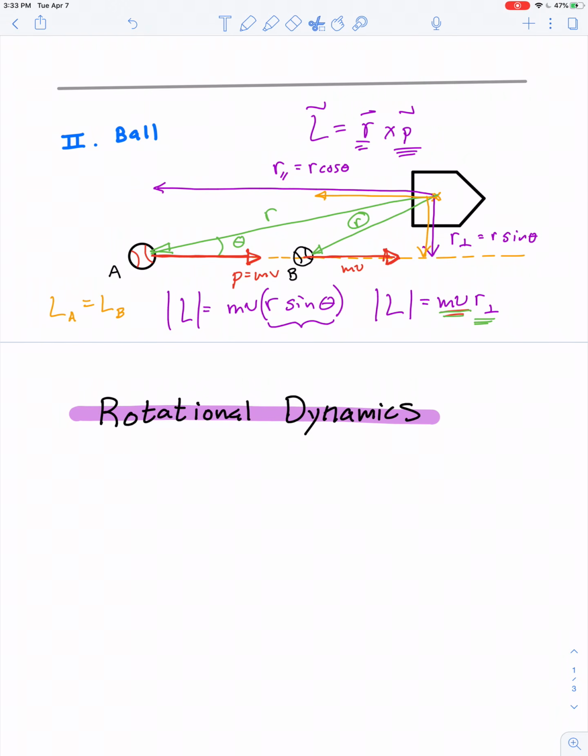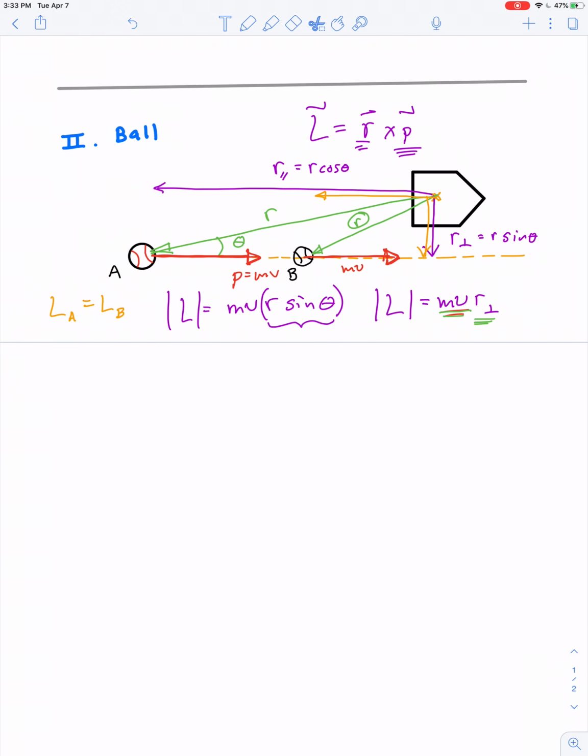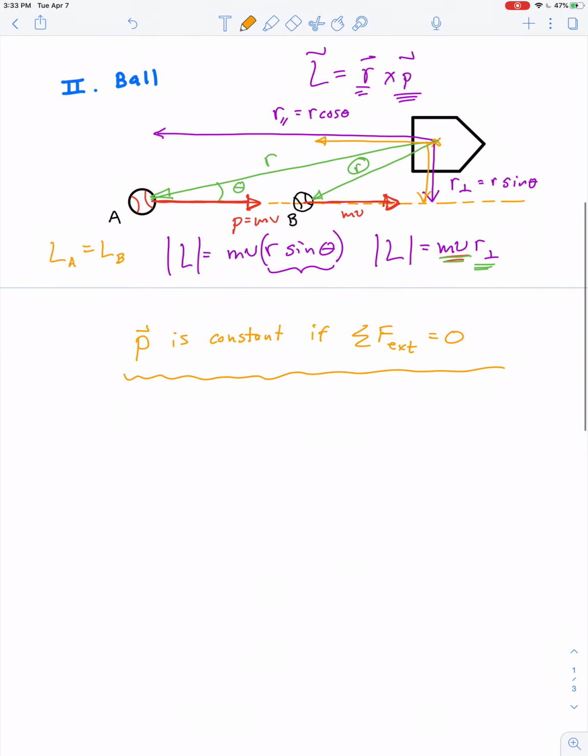So we might say something like this. Newton's first law of motion, the law of inertia, says an object will maintain constant momentum, right? P is constant if the net external force on a system is equal to 0. That's equivalent to saying an object at rest stays at rest and an object in motion stays in motion in a straight line. Linear momentum remains constant when there's no external force.